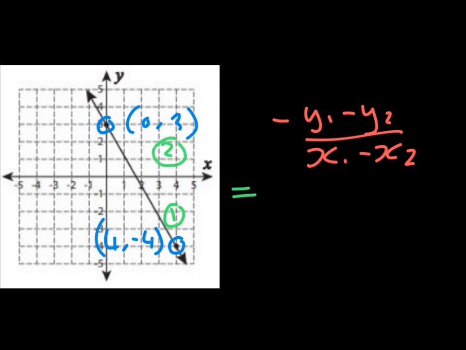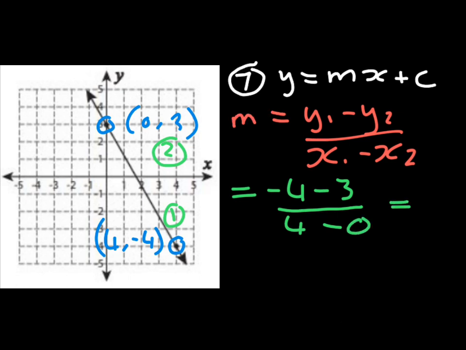So we get that m equals, now what was y1? That would be minus 4. y2 would be 3, so we say minus 3 over, now x1 was 4 minus x2 is 0. So we can simplify and get that minus 4 minus 3 is minus 7, and 4 minus 0 is just 4.